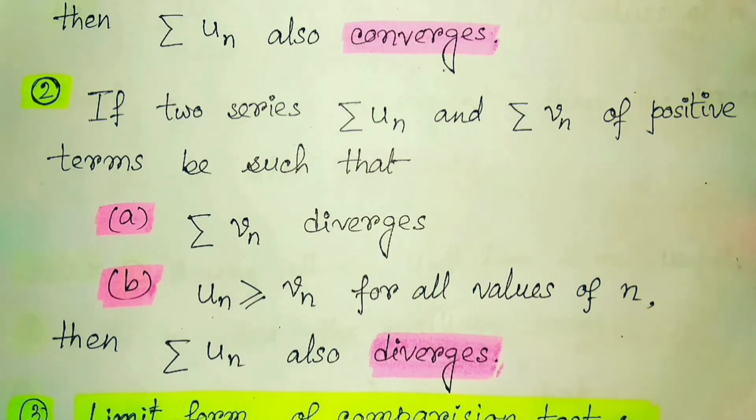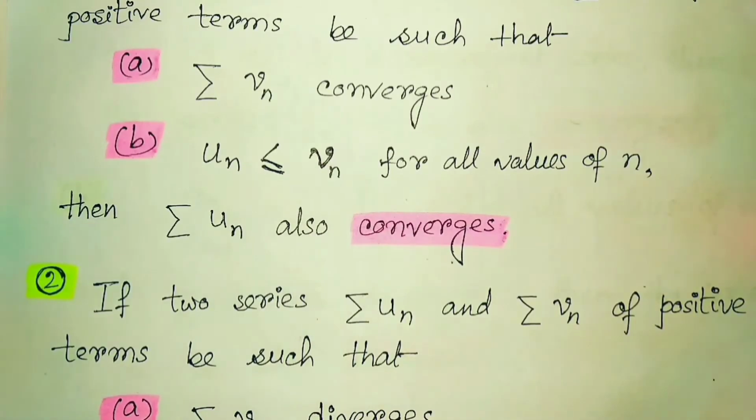Now vn is another series with respect to which we want to compare the nature of un. So vn is a series whose nature is already known. After that, depending upon the inequality, either this one or this one, we can say un is divergent or convergent.